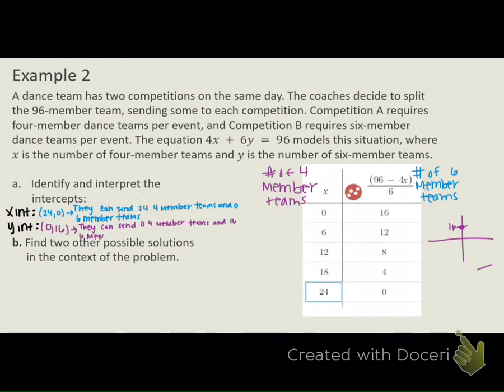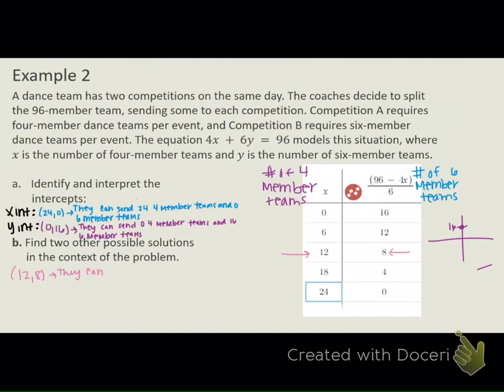Okay. Blaine, what is another possible solution? So they can send, and how did you find that, Blaine? On the graph, I see the difference.